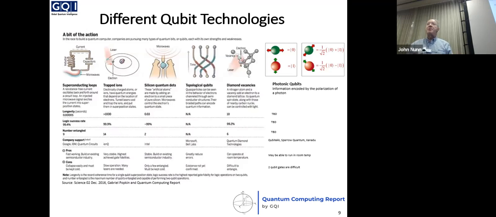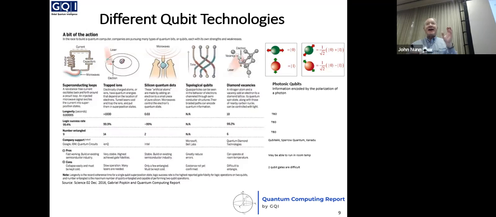Another means is superconducting, where you take a circuit and cool it down to like 15 millikelvin. That's just slightly above absolute zero. That's like 1,000 times colder than outer space. And people like IBM and Google are building quantum computers that way.